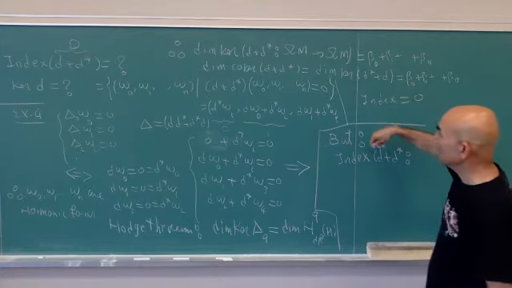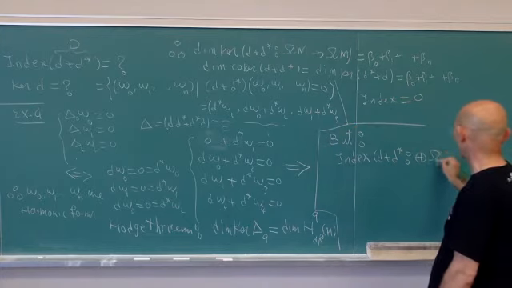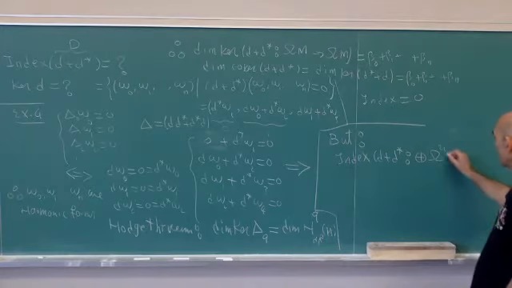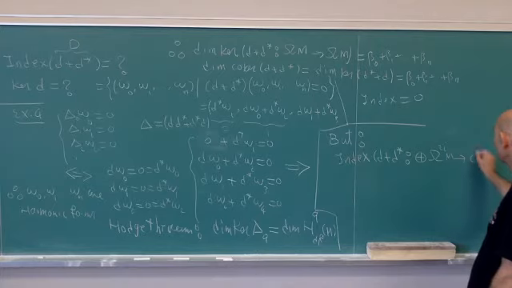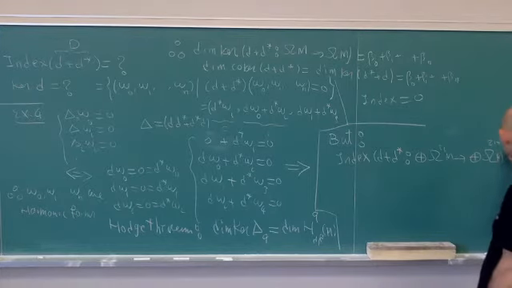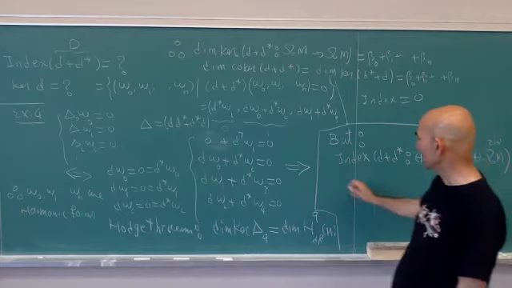Now the splitting here is very simple. It's from the direct sum of omega 2i of M to the direct sum of omega 2i plus 1 of M. This is not a trivial number. This is a very interesting number.